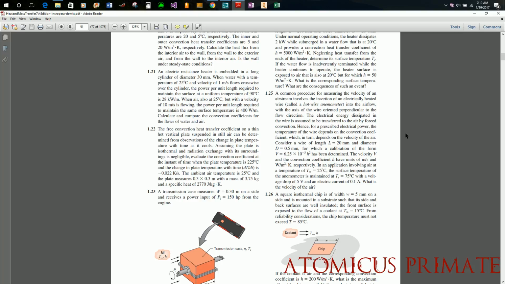In an application involving air at a temperature of T sub infinity equals 25 degrees Celsius, the surface temperature of the anemometer is maintained at T sub S equals 75 degrees Celsius with a voltage drop of 5 volts and an electric current of 0.1 amps. What is the velocity of the air?